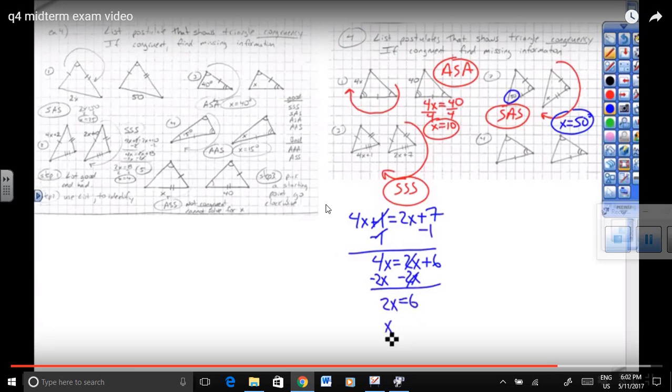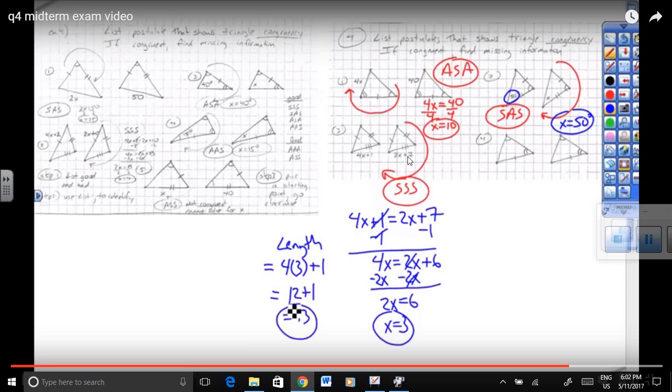Divide by 2, and that shows me x has to be 3. That is not that length. If I took that 3 and plugged it in there, that would give me the actual length. So 4 times 3 plus 1 gives me 12 plus 1, which is 13. Same as if I took that 3 and put it right here, 2 times 3, 6 plus 7. Those two lengths are 13.